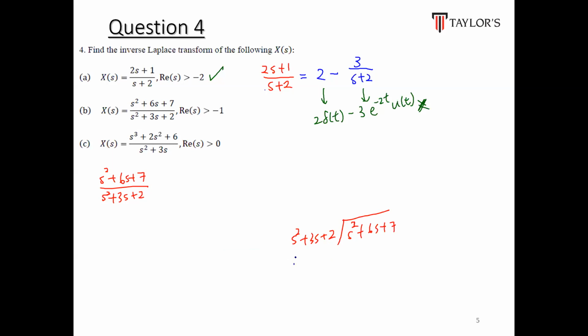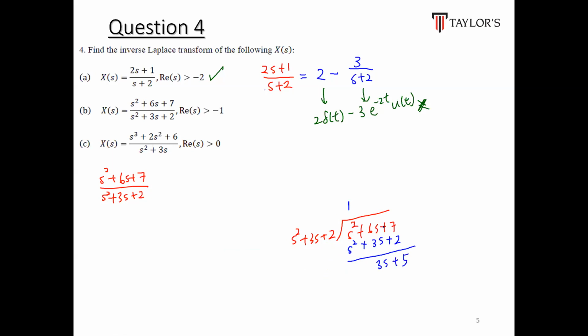No other terms, okay? So the first term, to change s squared to s squared, is multiplied by 1. So you get s squared plus 3s plus 2. Then you minus off, you get 3s plus 5.